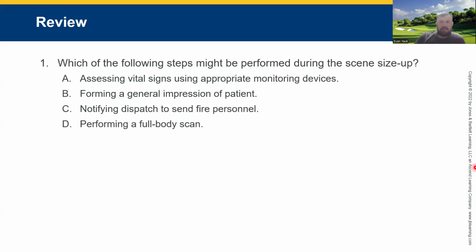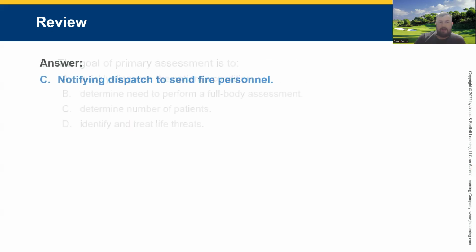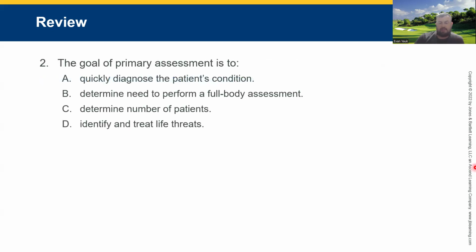So BSI, is my scene safe, mechanism of injury or illness. How many patients do I have? Do I need additional resources? That's my scene size up. That next section is your primary assessment, and we want to identify life threats at this point. So at this point, we have made it to the patient. We want to identify and treat life threats.